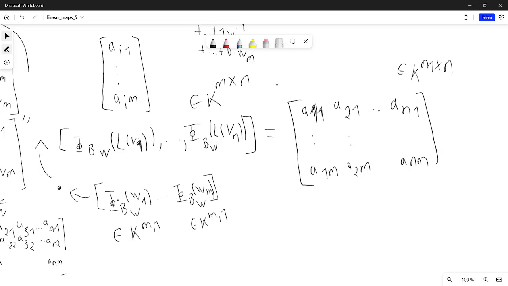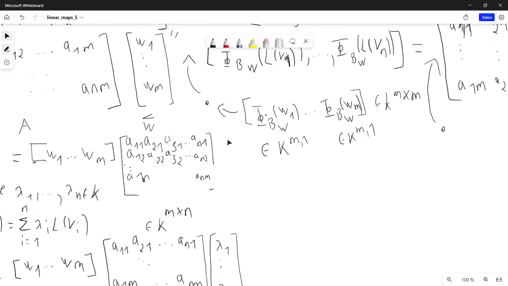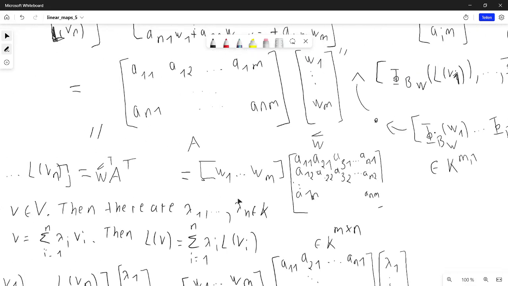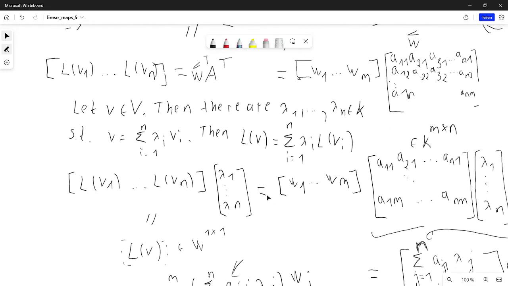So m vectors in total in the matrix gives that this is m. But we know something more. And of course, here we also multiply by the same thing from this side, just to see that this is nothing else but this here.